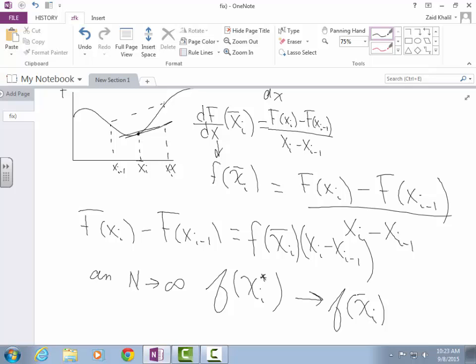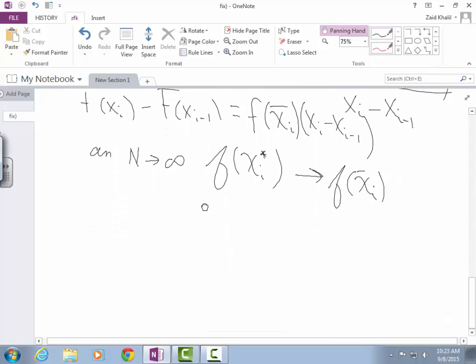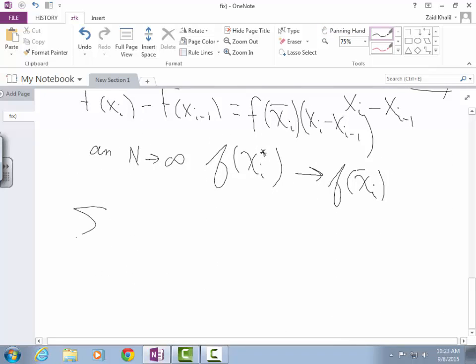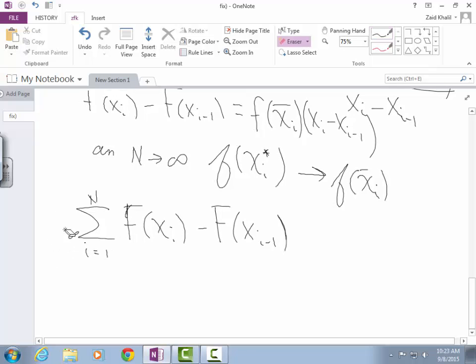What this means is that the sum of f of xi minus f of xi minus 1, from i equals 1 to n, in the limit, you don't even need the limit at this point, it's kind of implied that you're shrinking these intervals, is equal to this sum.